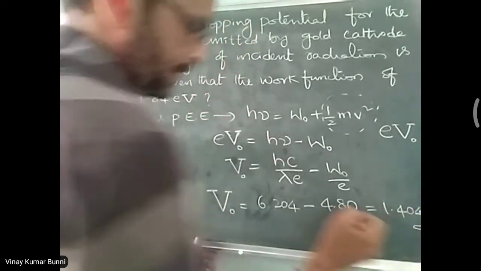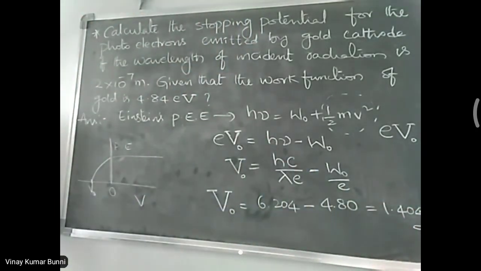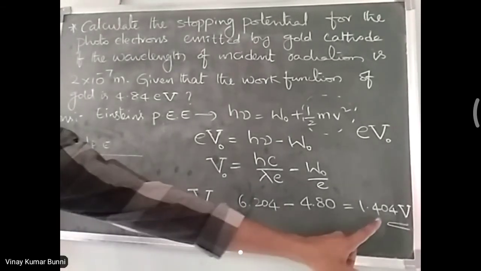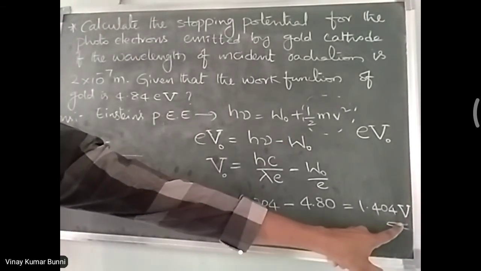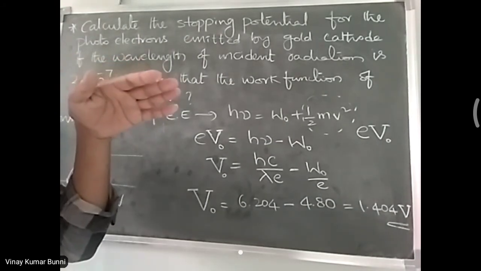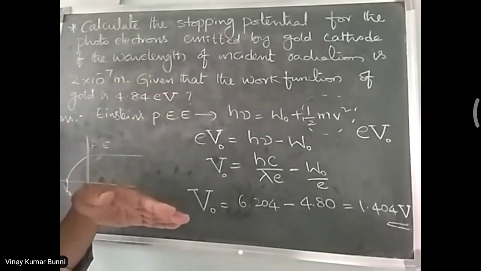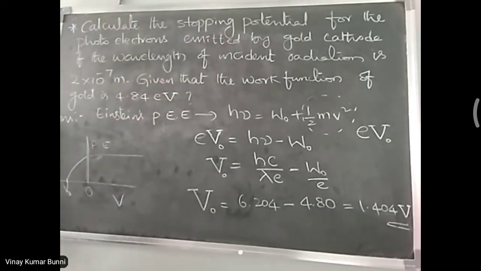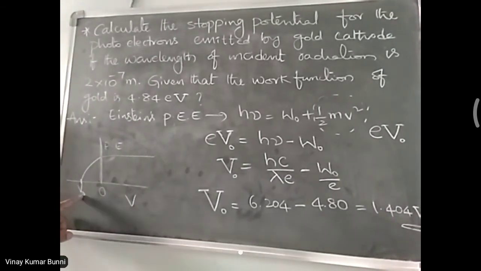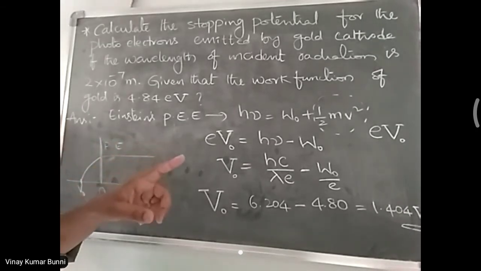Okay, this is the stopping potential. So at this potential value, at 1.404 volts, the emission of electrons will become zero. This graph shows that. So V naught is 1.404. So for that gold cathode, the stopping potential value is 1.404.